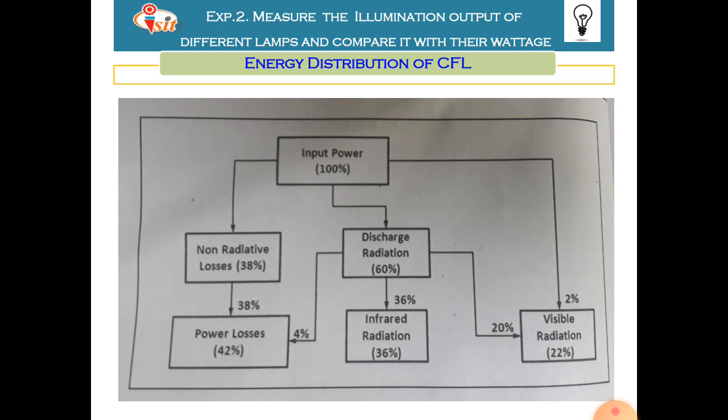So the power loss is 42%, which comes from non-radiative losses. By comparing the energy distributions of both lamps, it is evident that the visible radiation from the CFL is more than from the incandescent lamp. Also, it consumes less power than the incandescent lamp.